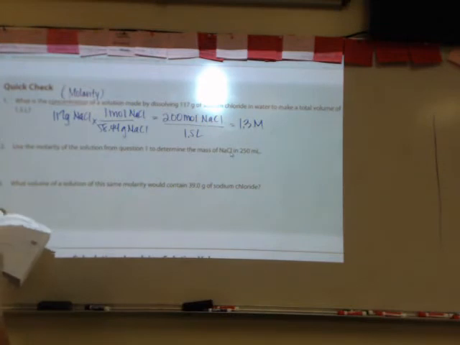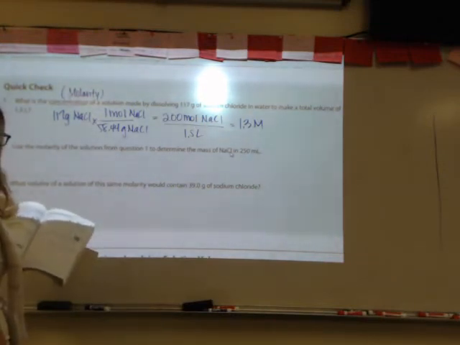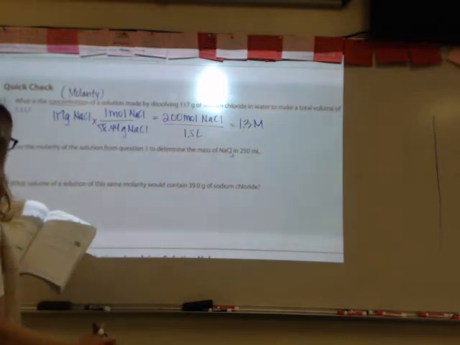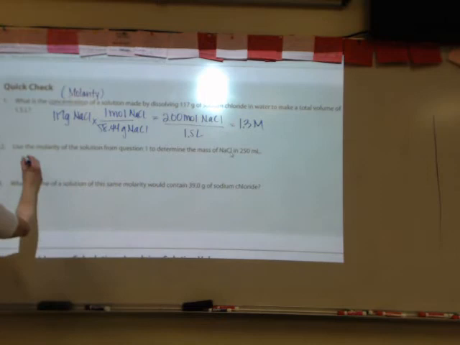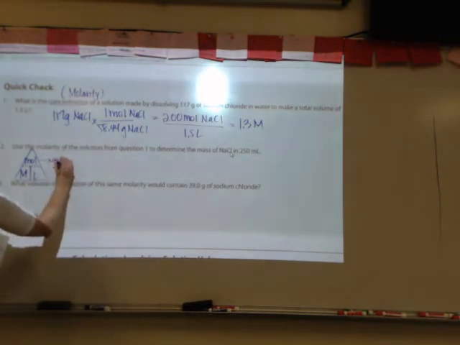For number 2, they want to know the molarity from question 1 to determine, use the molarity to determine the mass of NaCl in 250 milliliters. So remember that we can use this molarity triangle if we have molarity and liters to get moles.